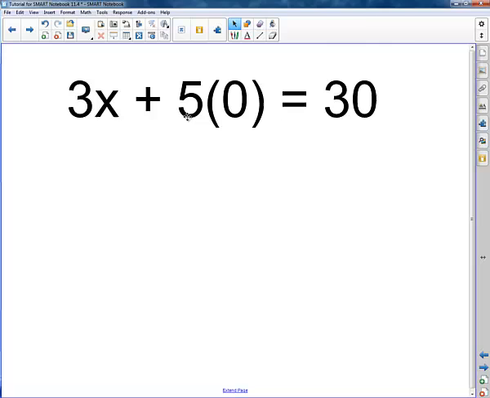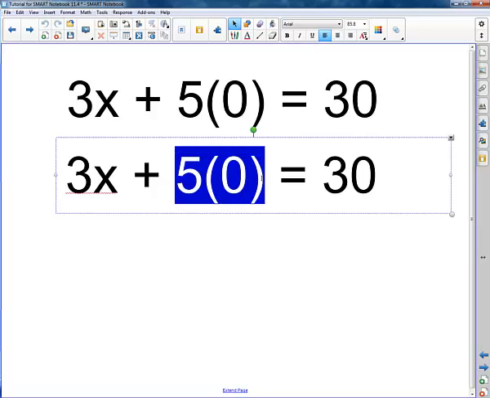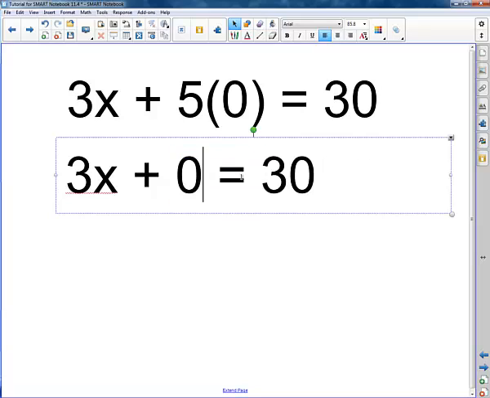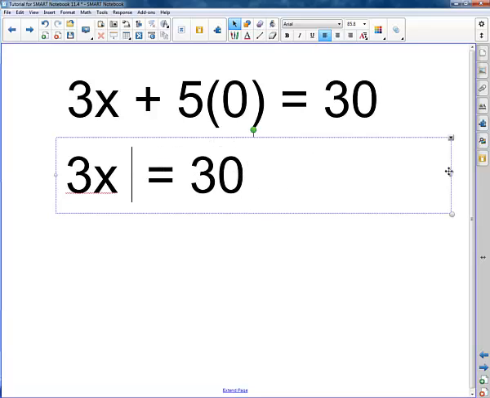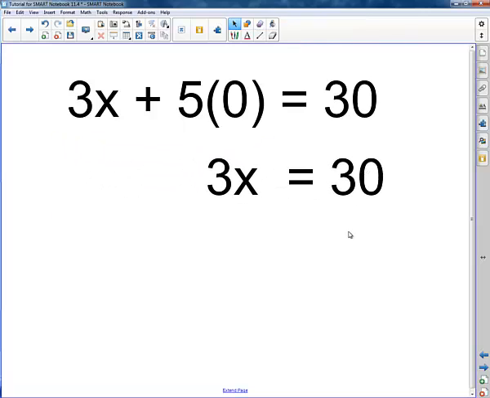Okay, so I have this. When I reduce it, what is 5 times 0? 5 times 0 is 0. So you're left with 3x plus 0 equals 30. I don't have to put the 0, just take that away. Now I have 3x equals 30, and I'm just solving an equation for x. I'm going to get x by itself.